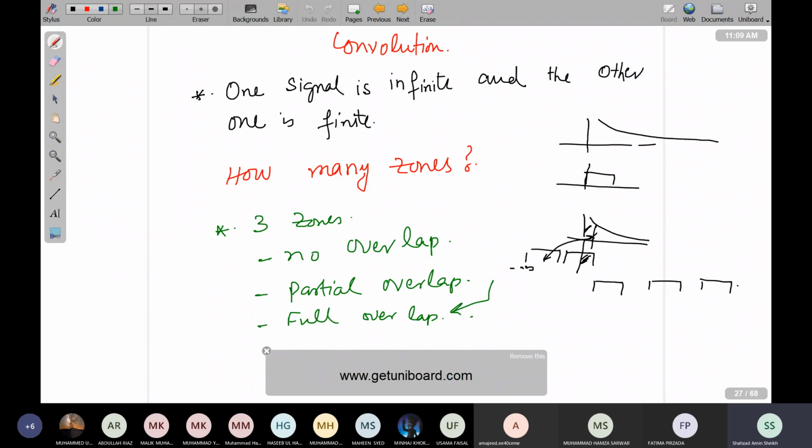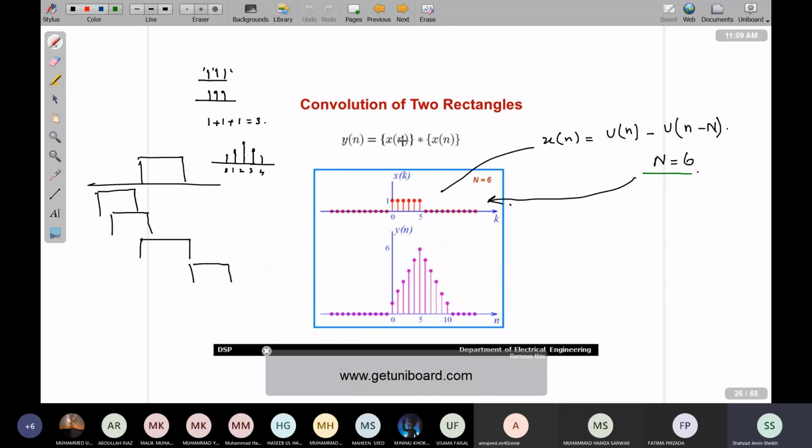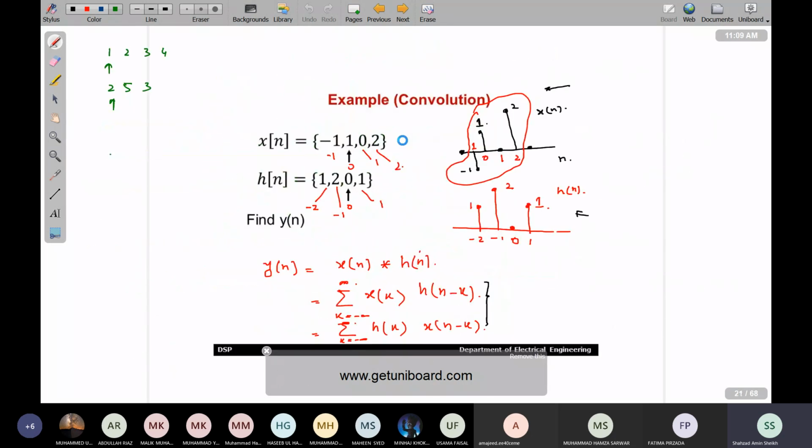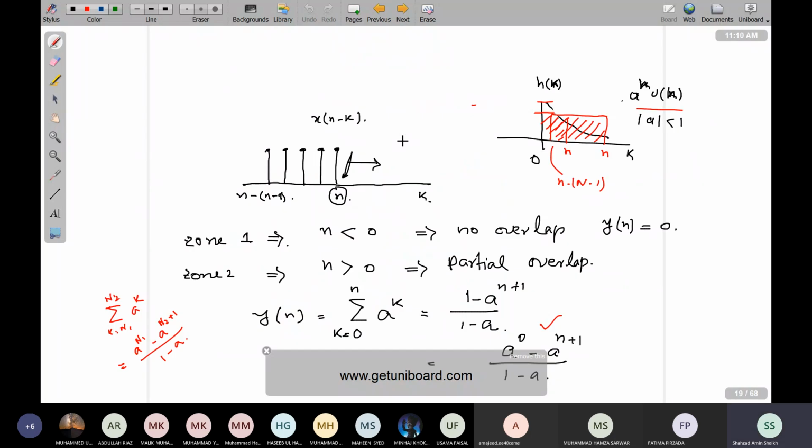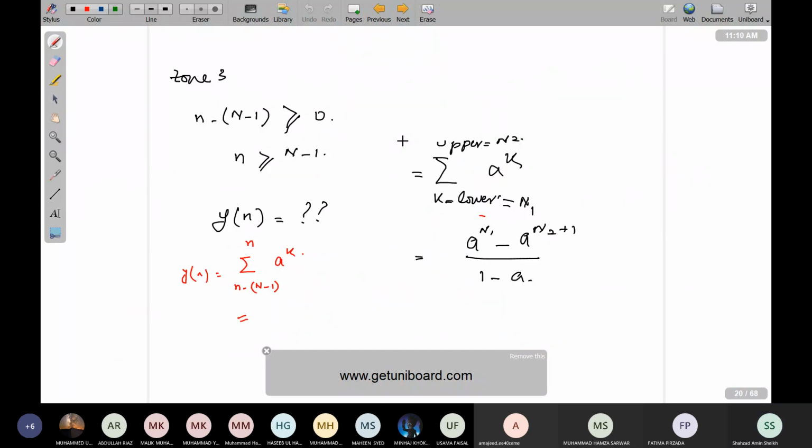There is a zone when there is no overlap, then partial overlap, and then full overlap. This is equivalent to what we had done here: no overlap, partial overlap, and full overlap.